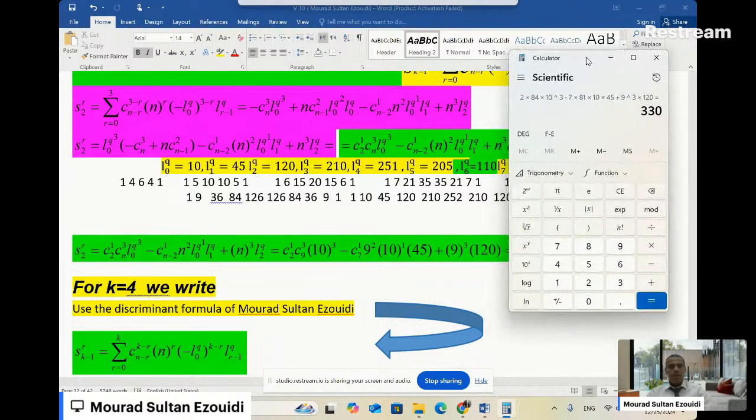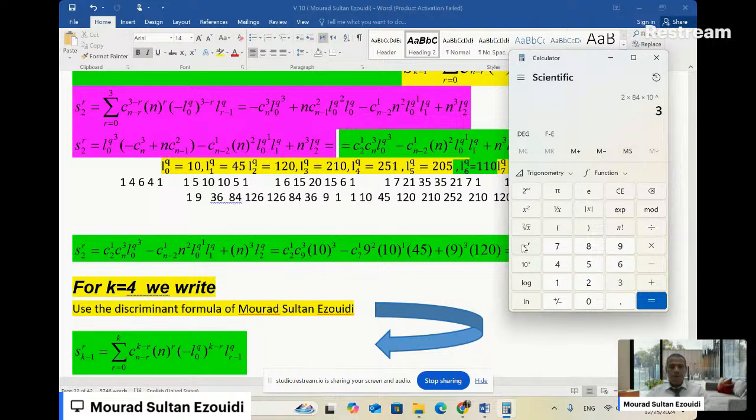I'll do it again. So we got 2 times 9 choose 3. 9 choose 3 means multiply by 84. Correct. Multiply by 10 cubed. Yes, multiply by 10 cubed.